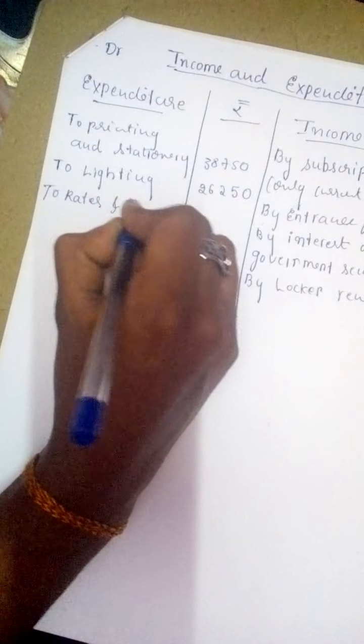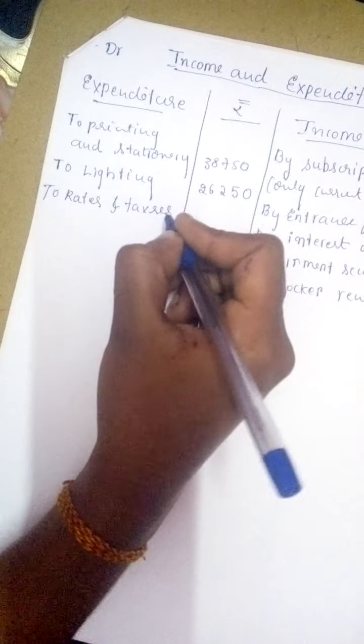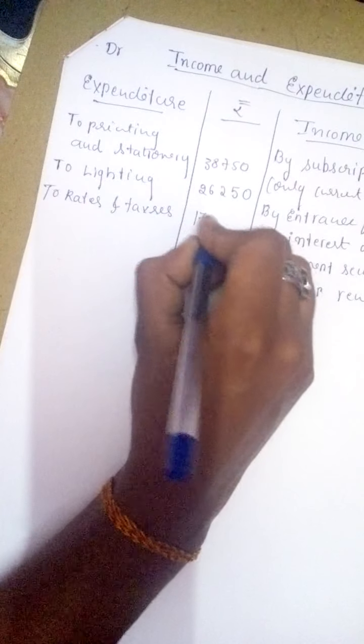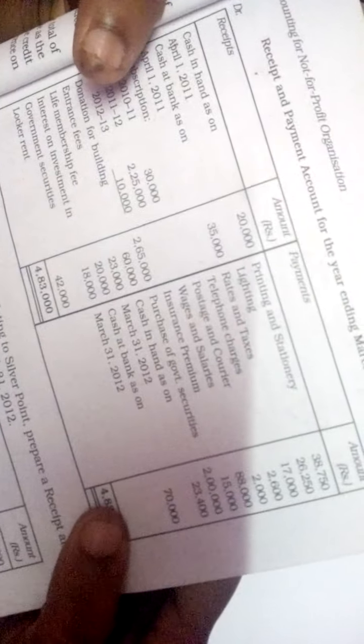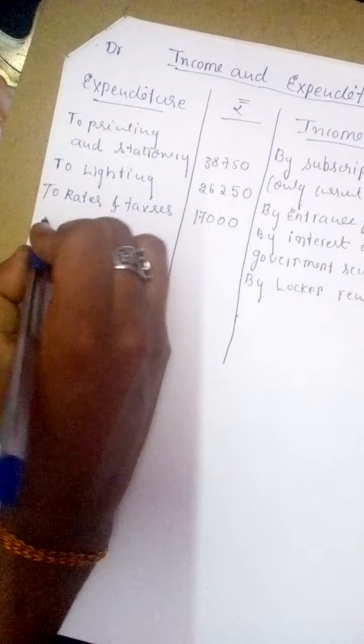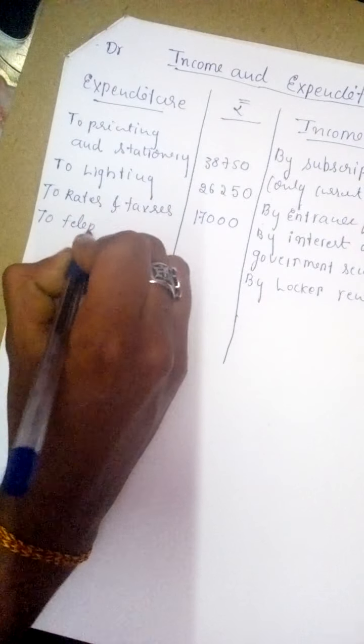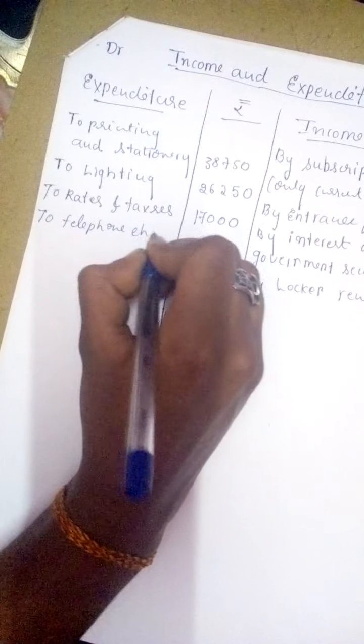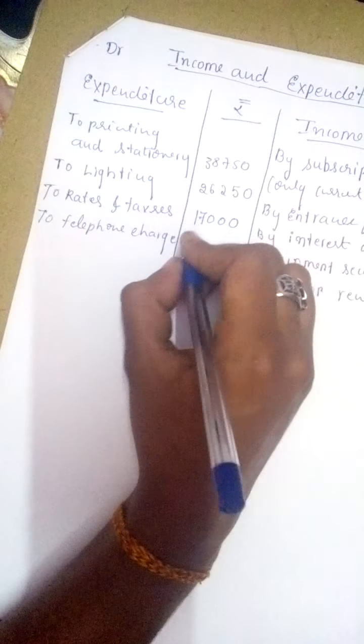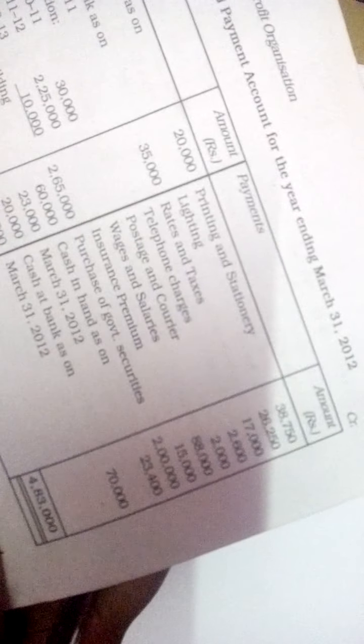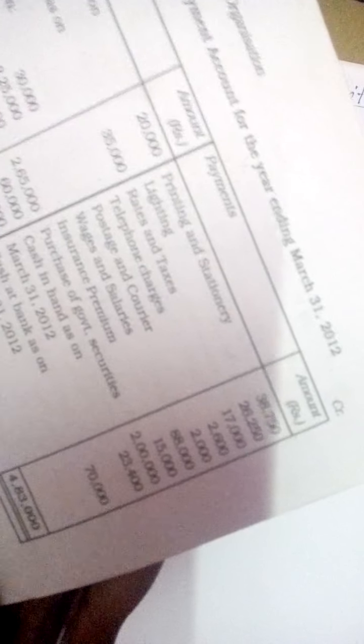Rates and taxes amounting to rupees 17,000. Then comes telephone charges amounting to rupees 2,600. To telephone charges amounting to rupees 2,600. Then see postage and courier, that is 2,000.